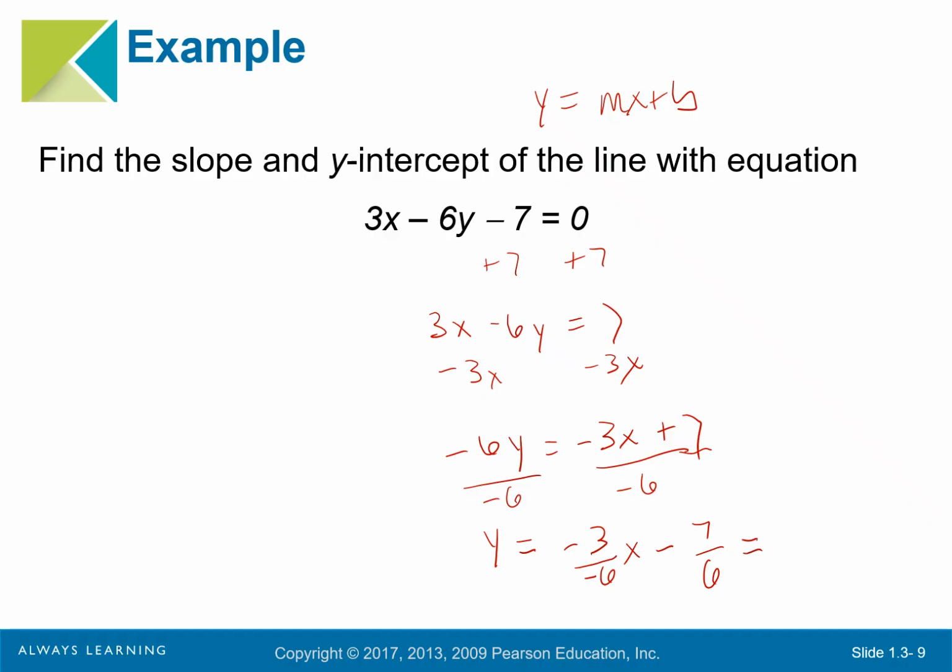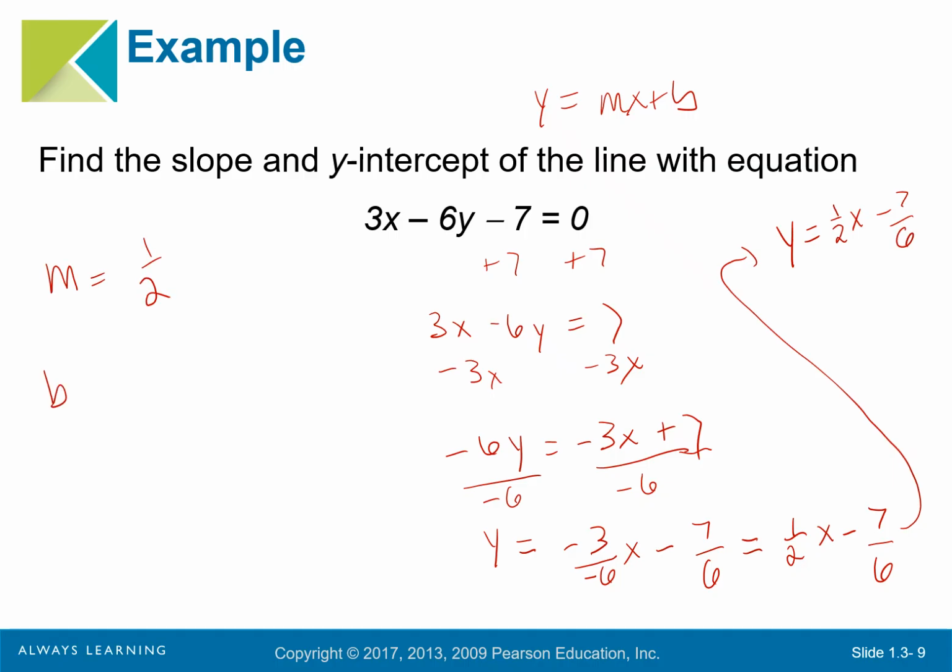And we'll take this one step further because negative 3 over negative 6 can be reduced to 1/2 x minus 7 over 6. Okay, well, that is a formula we can work with. Okay, so if I bring that back up here, I have y equals 1/2 x minus 7 over 6. So my m is 1/2, and my b is negative 7 over 6.